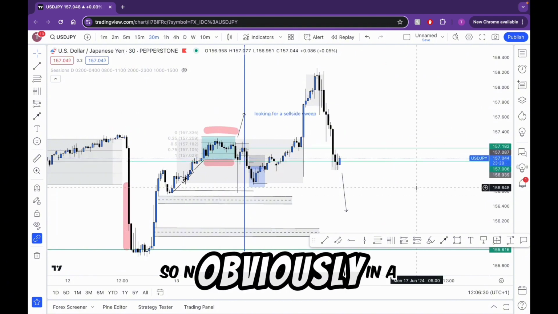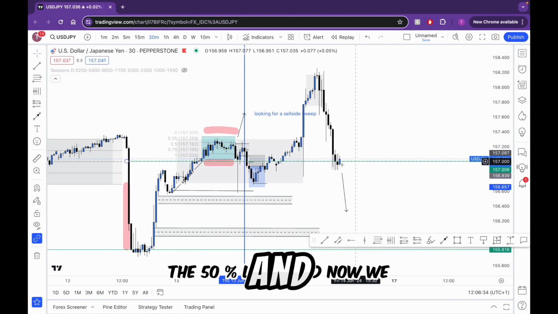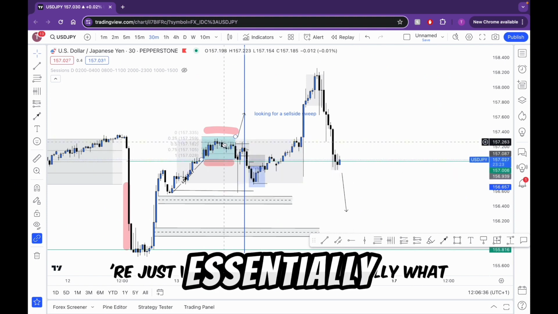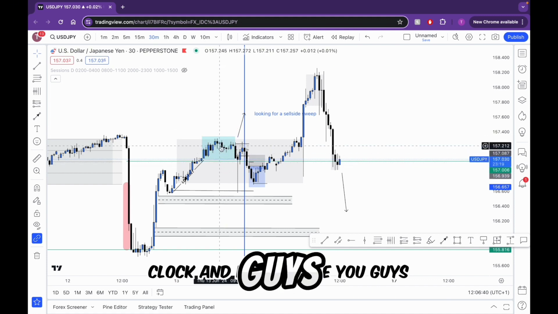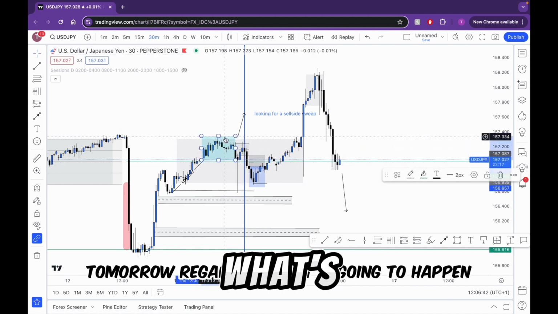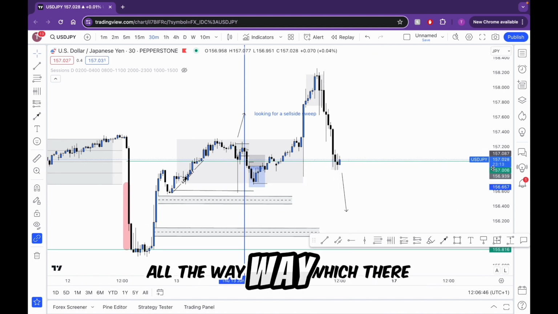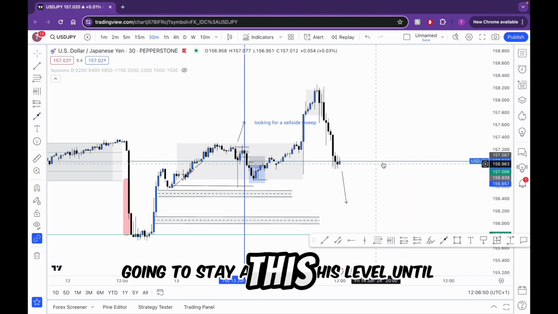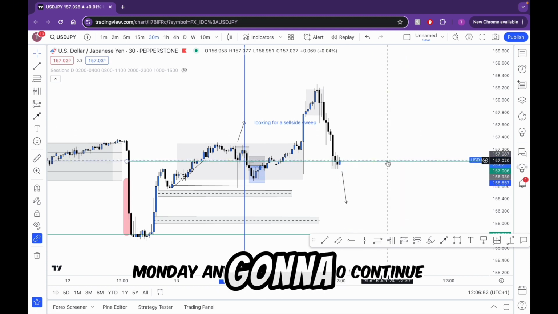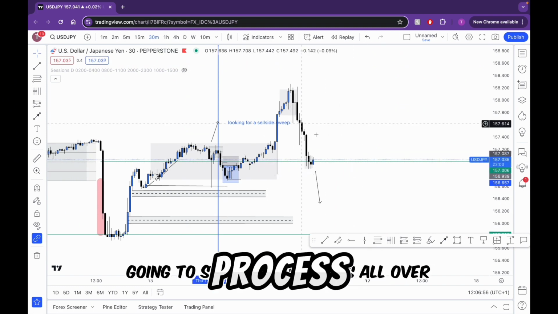Okay, so now obviously we're in a position where the price came back to the 50% level, and now we're just waiting to see what's going to happen after 3 o'clock, and I'll update you guys tomorrow regarding what's going to happen, whether this range is going to sweep all the way down with today's news, or whether it's just going to stay around this level until Monday, and continue with a consolidation, and we're just going to start the process all over again.